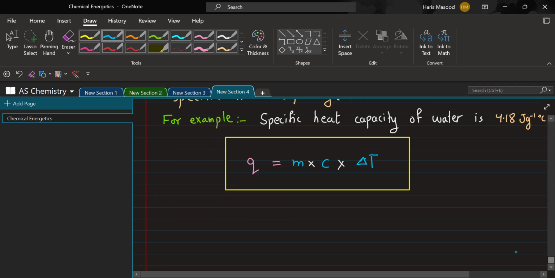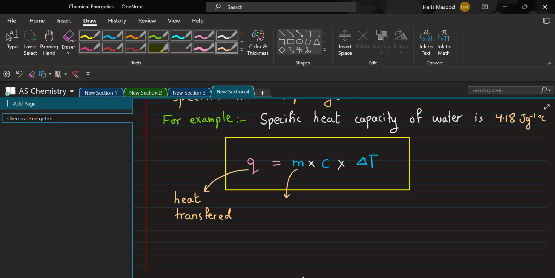Q is what here? Q is change in heat. The amount of heat that is being transferred, either to the system or out of the system. M is the mass of substance, here the mass of water.